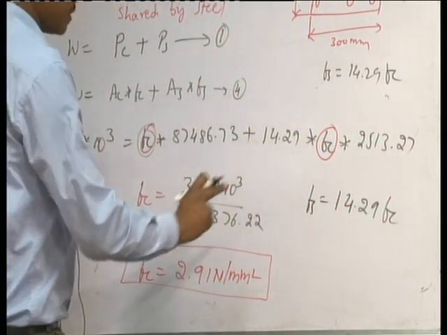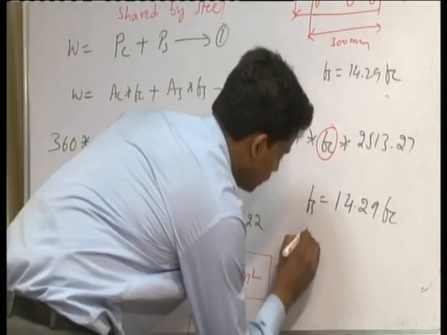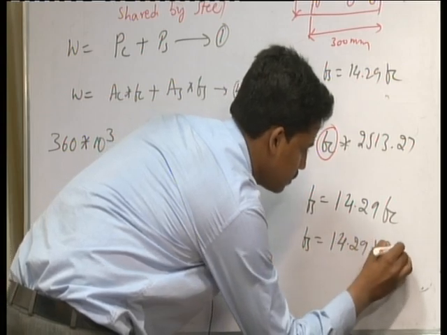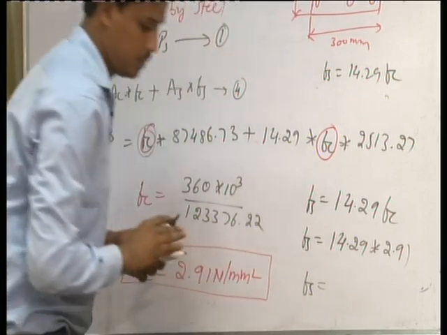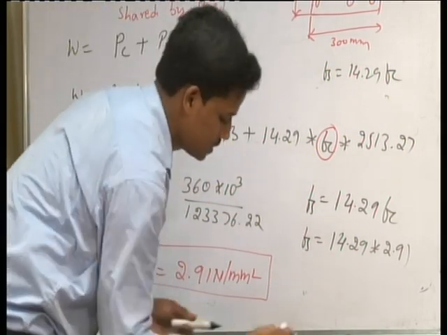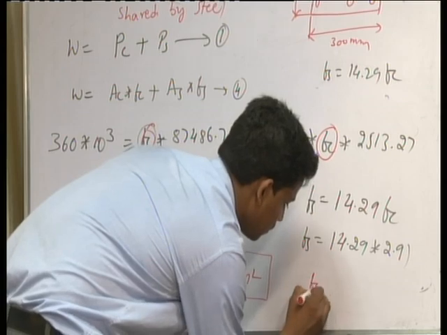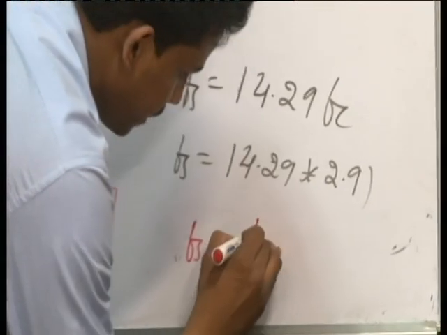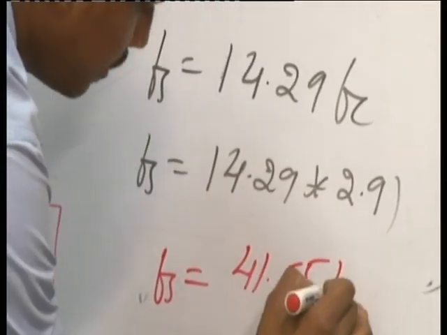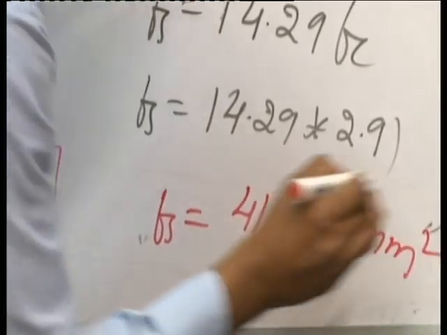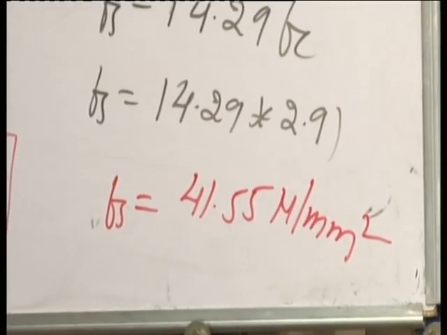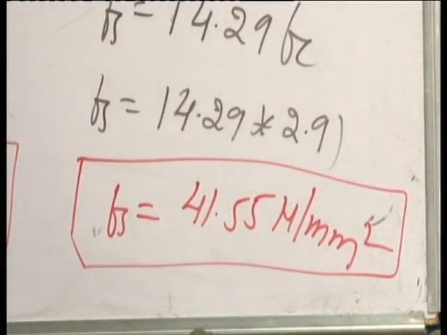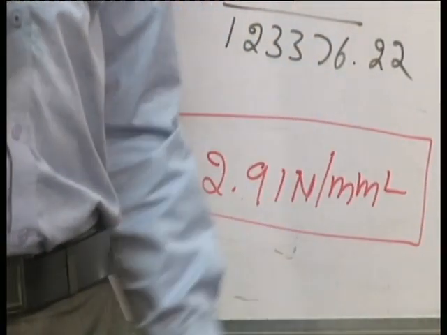If you substitute the value of Fc, 2.91, in this expression, we will get Fs as 41.55 Newton per millimeter square. This is the stress in steel. 2.91 is the stress developed in concrete, and this is the stress developed in steel.